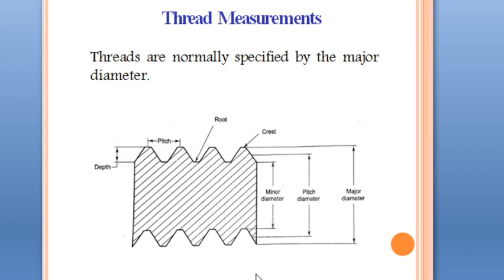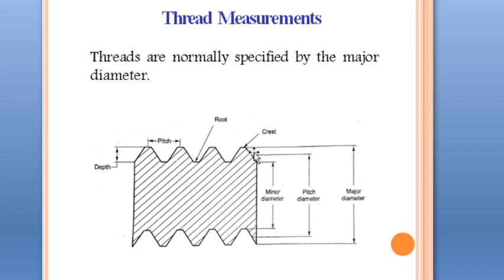This topmost portion is the crest, the lowest portion is the root, and opposite is the crest. So the major diameter is the larger of the two extreme diameters. Minor diameter is the lower extreme. Here the crest, the line passing through these two points. The lower extreme diameter of the thread is called the minor diameter.